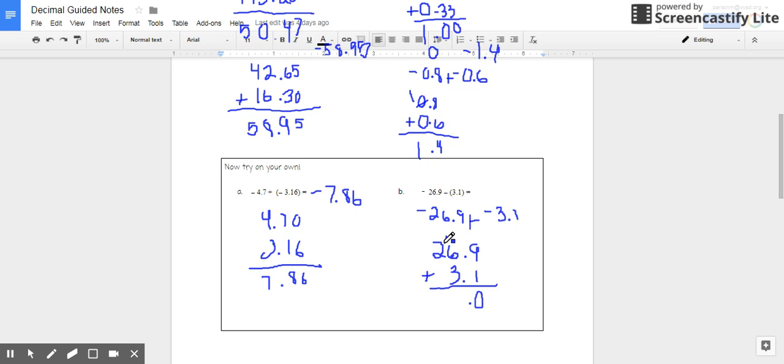Bring over the 1. Now we have 6 plus 3 is 9. Plus 1 more is 10. So the 0. Bring over the 1. So now I have a 2 and a 1, which makes 3. So now my answer is 30, and I have 0 tenths, so I can just say negative 30 is going to be my answer.